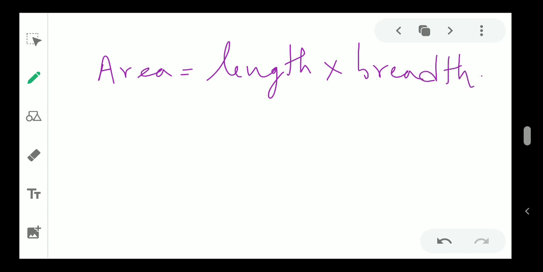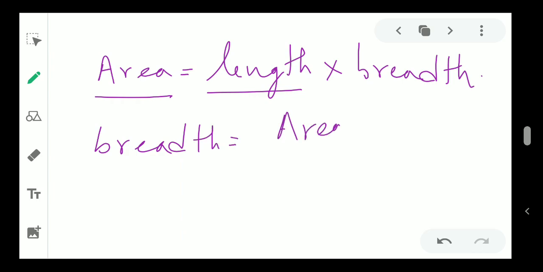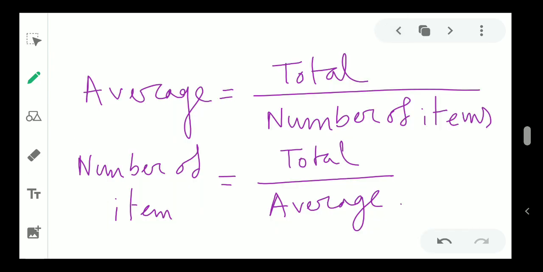Now if your area is given and your length is given, to find out the breadth, you just divide the value, right? So you divide area by your length. Similarly here also, average is total by the number of items. So the number of items is total by average.